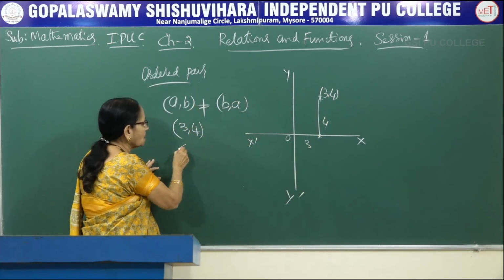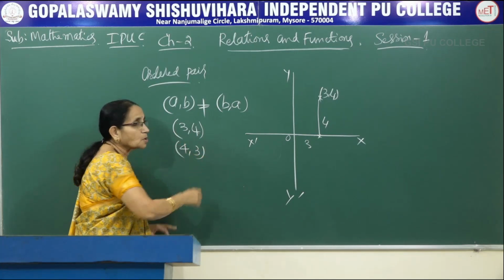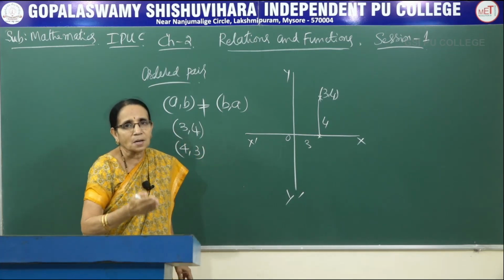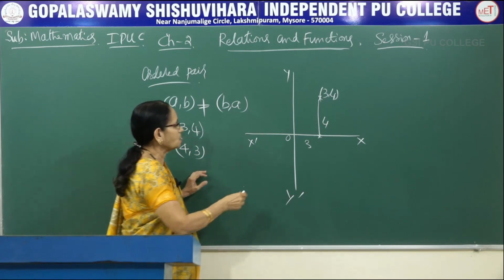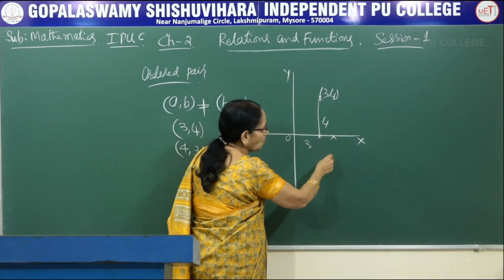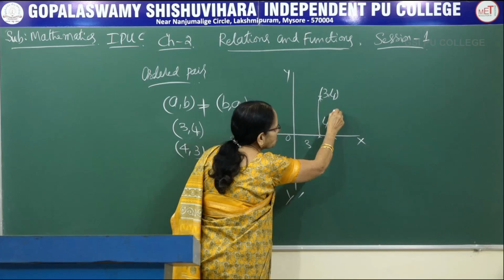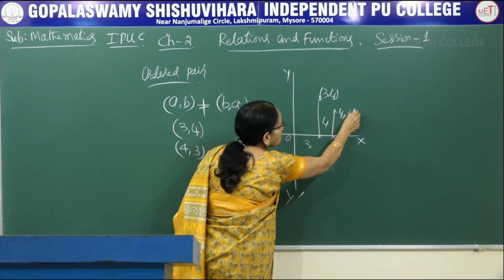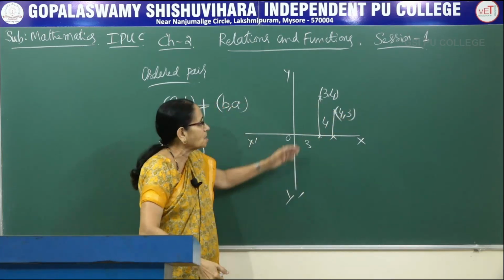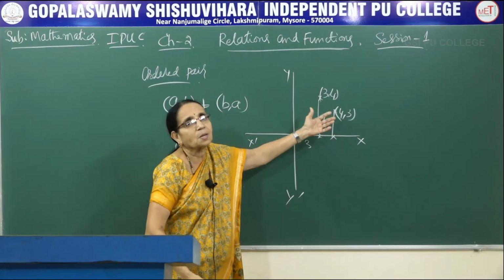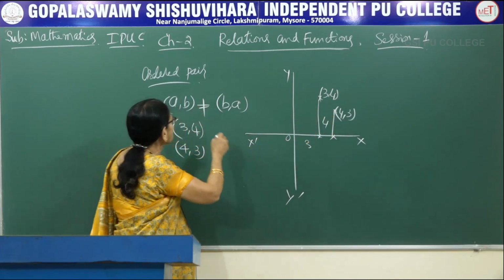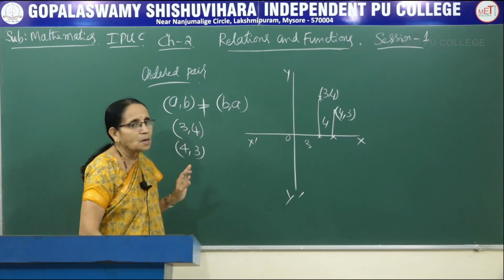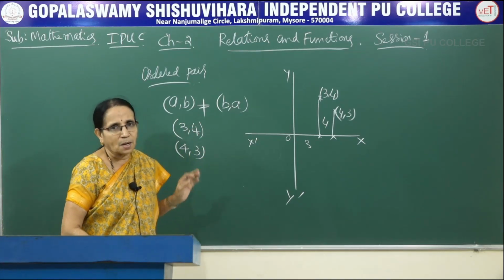Suppose I interchange the numbers, it becomes (4, 3). The numbers are the same, but the order is different. (4, 3) means the x coordinate is 4 and the y coordinate is 3. So this becomes the point (4, 3). Clearly, you can see that these are two entirely different points. Therefore, in general, we can say (a, b) can never be equal to (b, a).